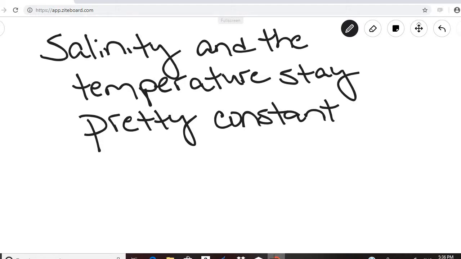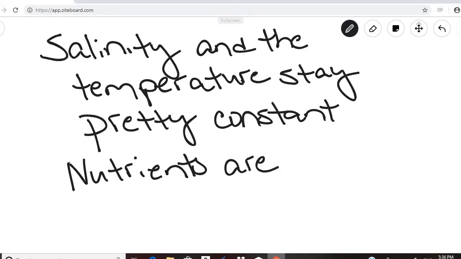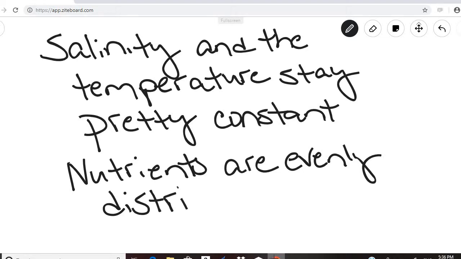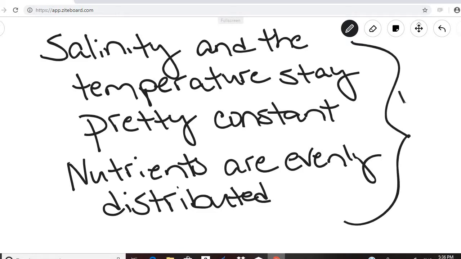It also means that the nutrients are pretty evenly distributed. The reason for these things being true is the wave action and the mixing that you get with the action of the waves.